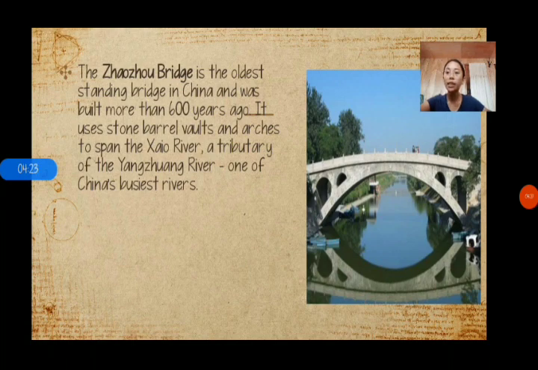It is the oldest standing bridge in China and was built more than 600 years ago. It uses stone barrel vaults and arcs to span the Xiao River, a tributary of the Yangtze River, one of China's busiest rivers. As we can observe in the image, the Zhaozhou Bridge is an example of efficient design and flawless craftsmanship with materials.